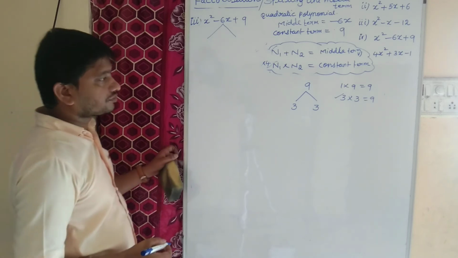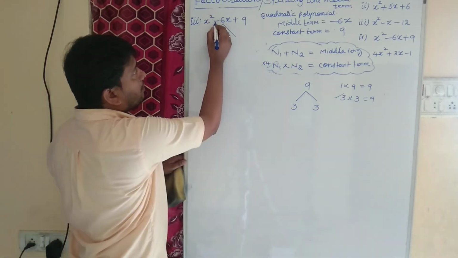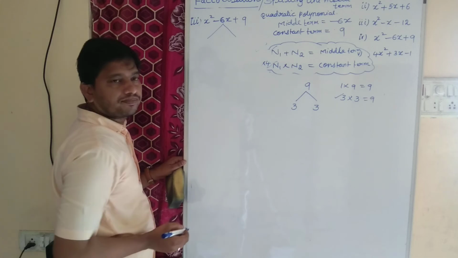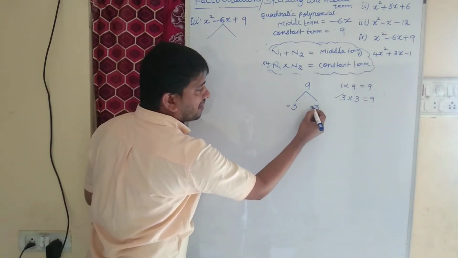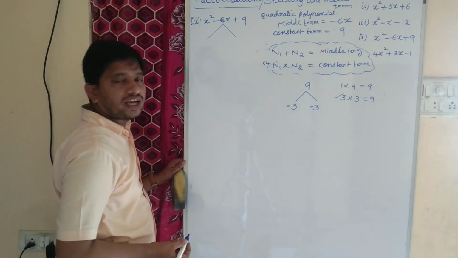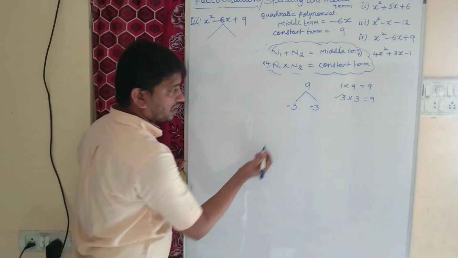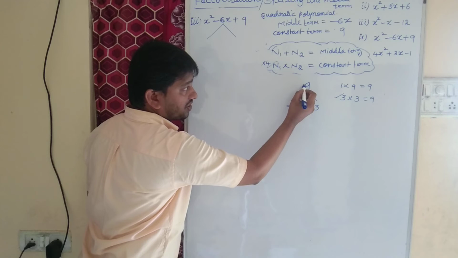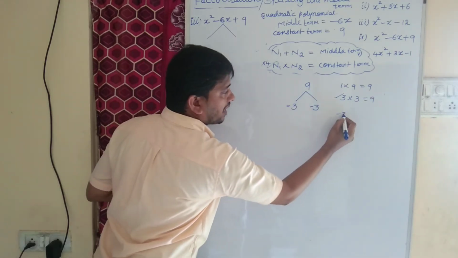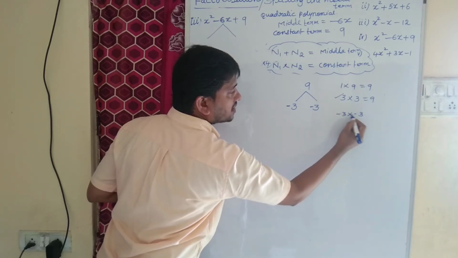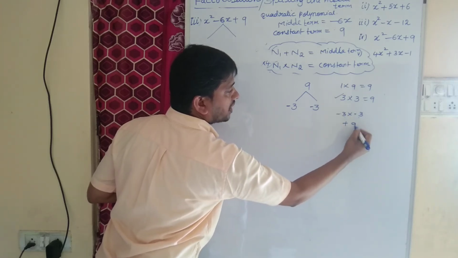But see here, children, the middle term is actually minus 6x, right? So let me take minus 3 and minus 3. Why did I take minus 3 and minus 3? Because the constant term is 9. If I multiply minus 3 into minus 3, minus into minus is plus, 3 threes are 9.